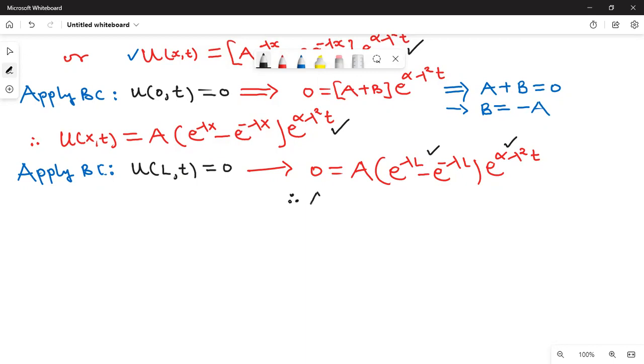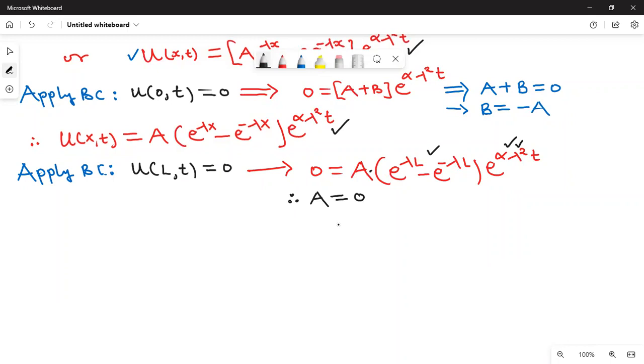Why are we saying that exponential alpha times lambda squared is not equal to 0? Because we need a non-trivial solution. But again, we realize that exponential lambda L minus exponential negative lambda L cannot be equal to 0. So we remain with only A equal to 0.